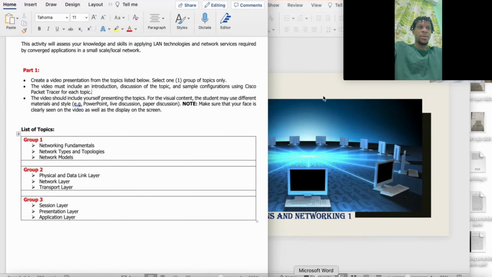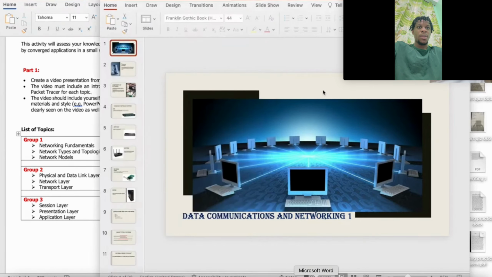So we move over to the PowerPoint. Data communication and networking. So, move to computer network.